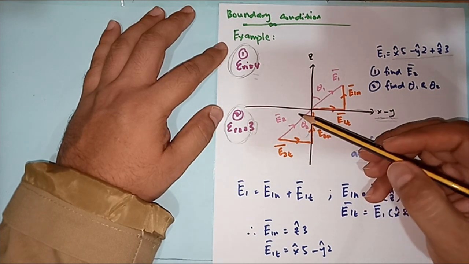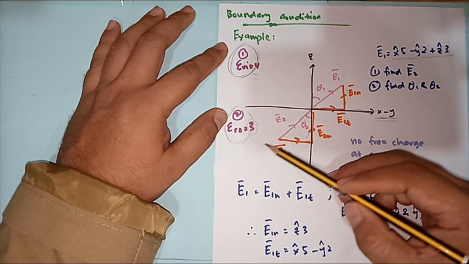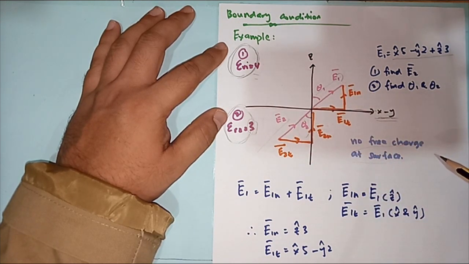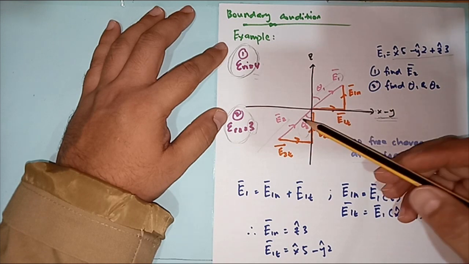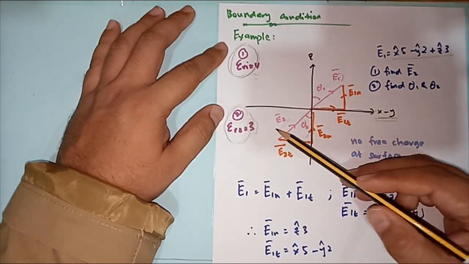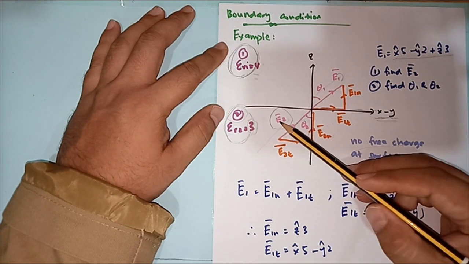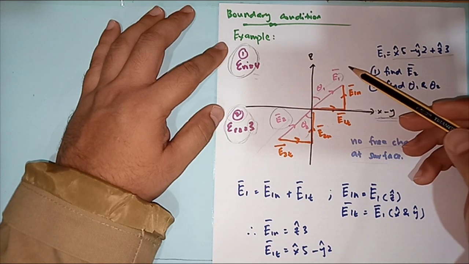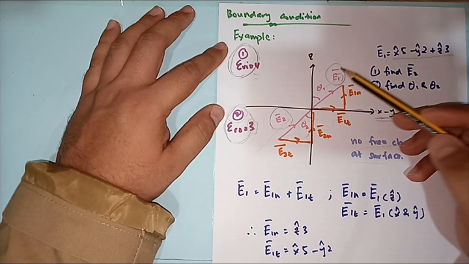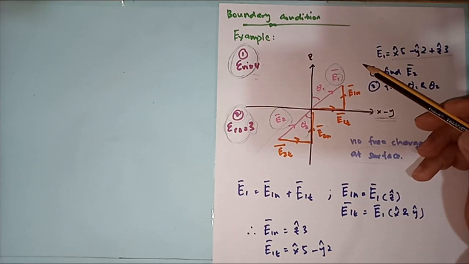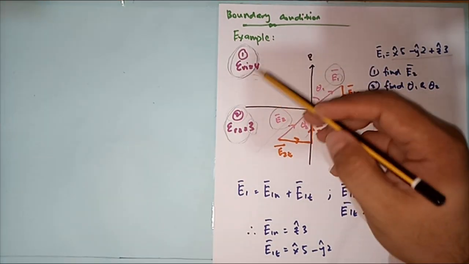The electric field travels from medium 2 to medium 1, and the electric field intensity that exists in the second medium is represented by this vector, vector E2, and vector E1 represents the electric field intensity that exists in the first medium.